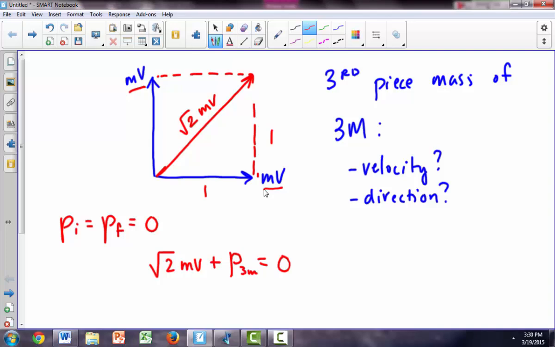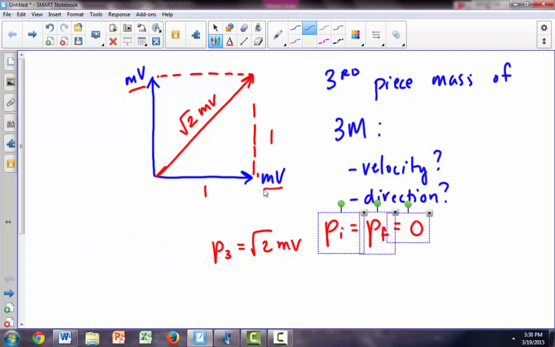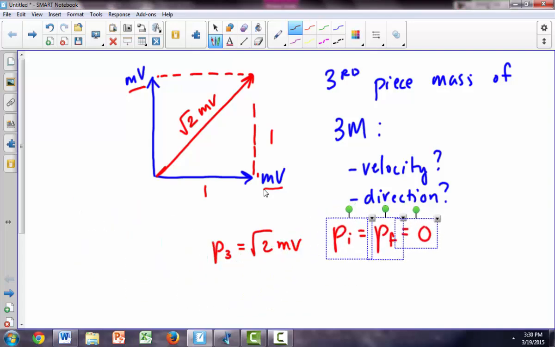So the magnitude of the momentum of this piece, let's say P3, is going to be equal to this, but in the direction down to the left. So let me move this over here. This is going to be the direction.